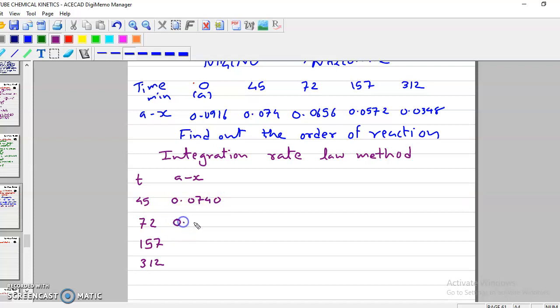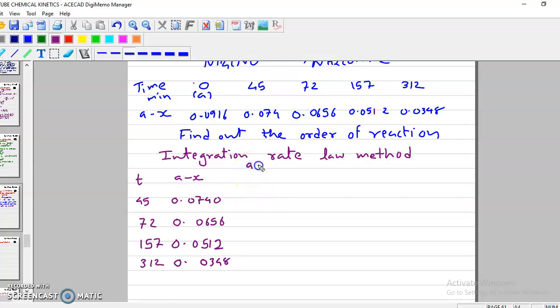At 72 it is 0.0656. At 157 minutes it is 0.0572. Is it 512 or 572? Oh, sorry. It must be 512. So it is 0.0512, and at 312 minutes it is 0.0348.